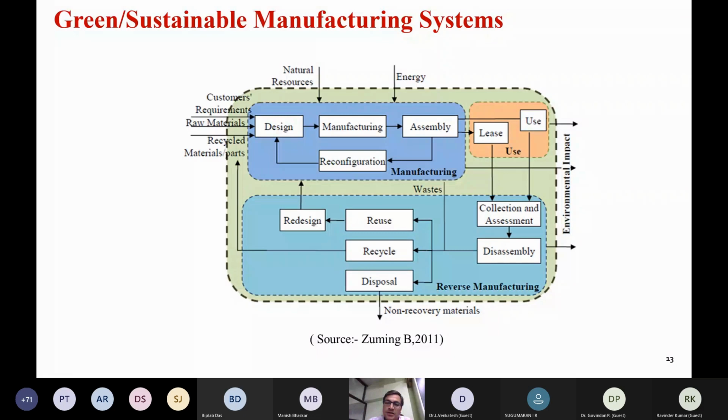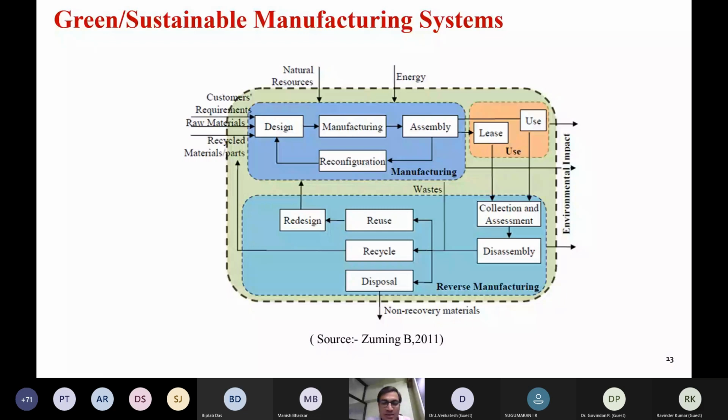The consumer deposits the bucket and gets some money. The company gets its used bucket, and that bucket can be reused by the company. This is an example of reuse.